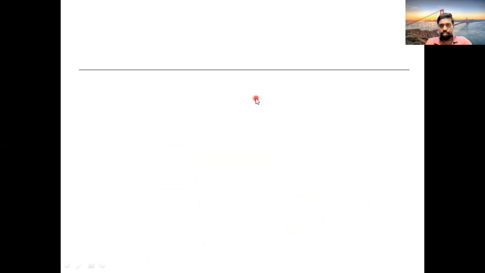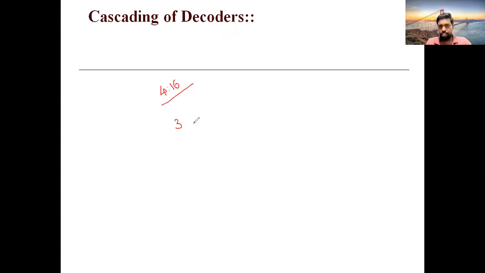Now we will see what is the cascading of decoders. What is meant by cascading? Suppose I need a 4 to 16 decoder, but I don't have this decoder with me.